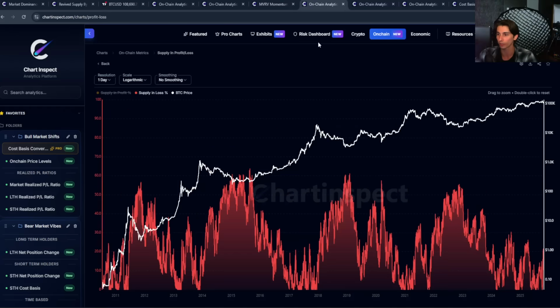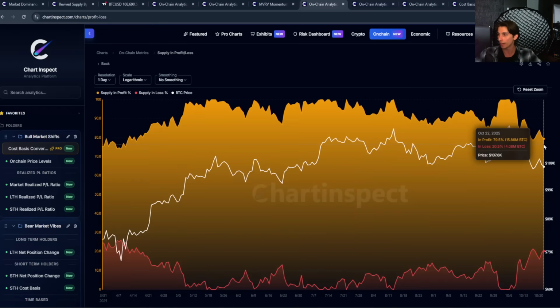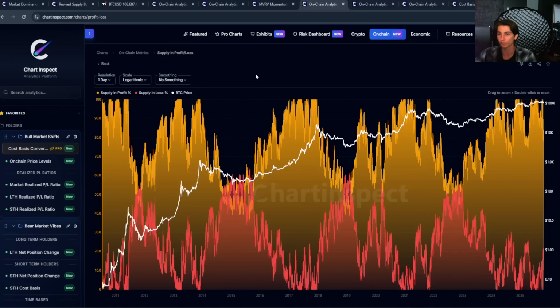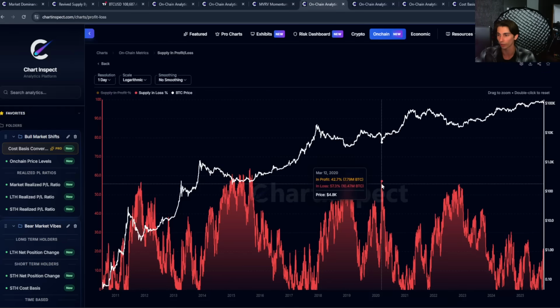So fourthly, I think looking at the supply in profit versus loss. Currently we're sitting at around 80% in profit and around 20% in loss. So if this flips dramatically and we start seeing 35% or more in loss, which we've seen in prior bear market beginnings, that can signal that we've entered a longer term bear market.